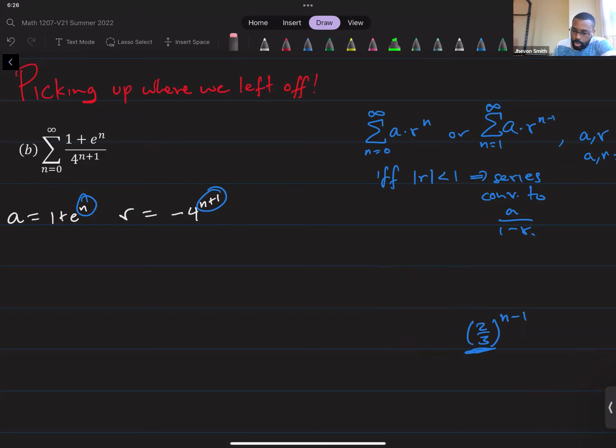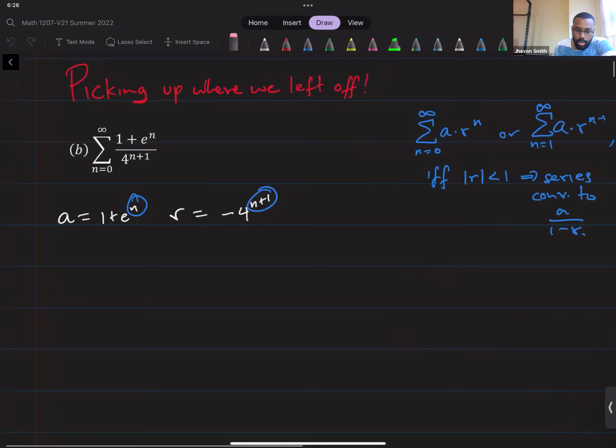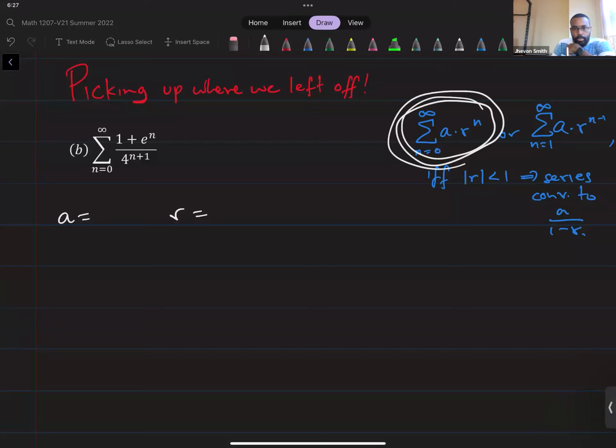So you have to be careful how you're doing that. Now when I say that, does that help? Of course, I gave you the definition of what a geometric series looks like. So the first question you would ask yourself is, does this look like that?